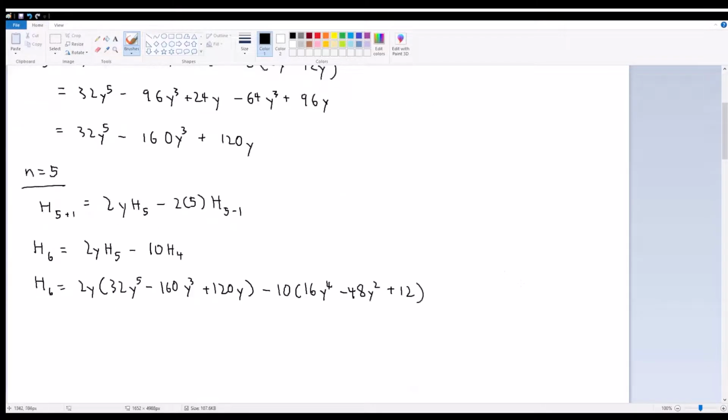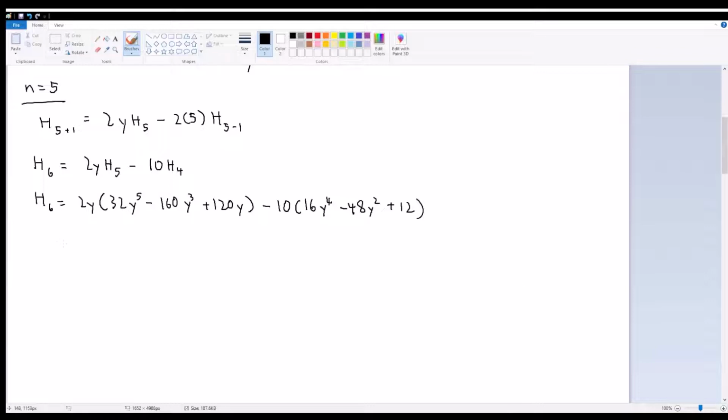Then from there, we just solve this. So this is going to give us 64y to the sixth minus 320y to the fourth plus 240y squared, minus 160y to the fourth plus 480y squared minus 120.